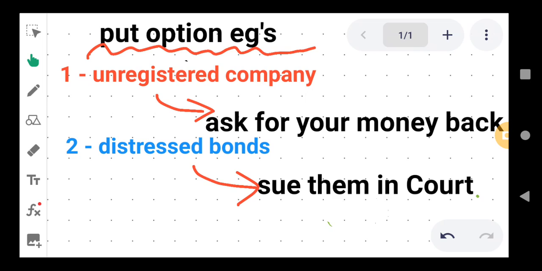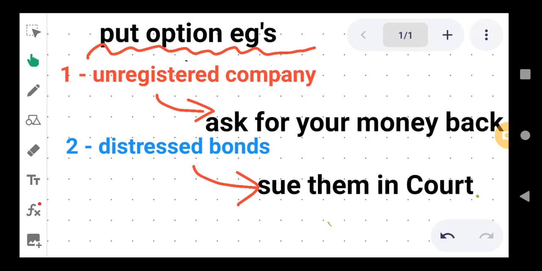If Credit Suisse decided to pay you back only 80 or 90 cents, then you still make a huge profit on your original investment of 50 cents in the dollar. So the put option is not exactly risk-free, but you can still stand to make a lot of gain. And if you exercise this put option, that means you will sue Credit Suisse in court in the hope of getting all the 100 cents in the dollar back.